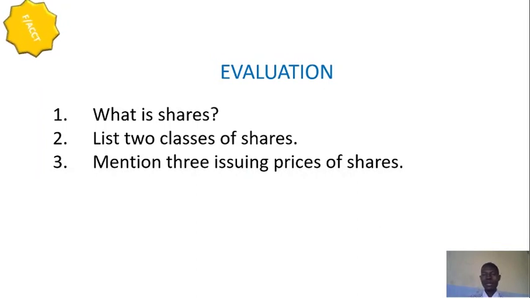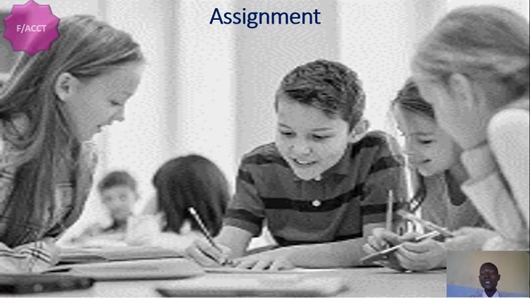If you have a nominal value of 1 naira and the share was issued at 80 kobo, the difference is 20 kobo. The 20 kobo is the discount price. With this, the theoretical angle of share capital account has been handled.